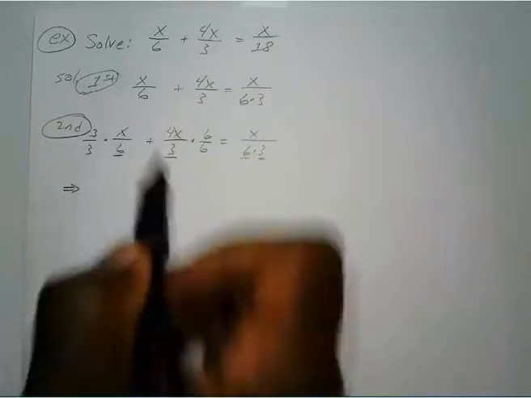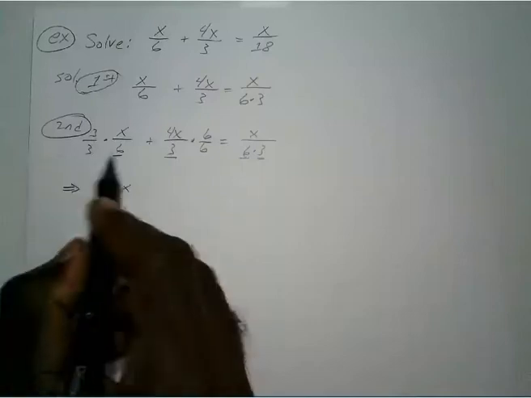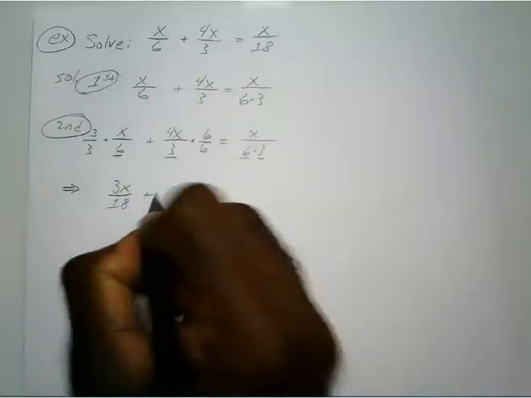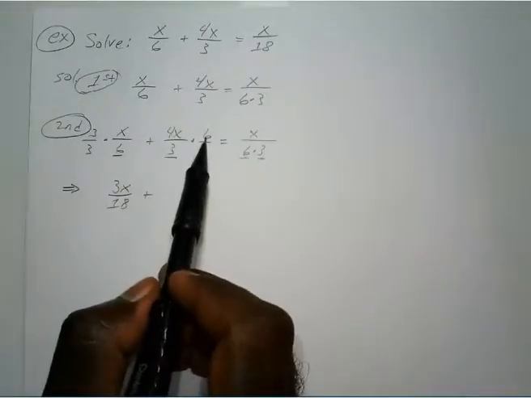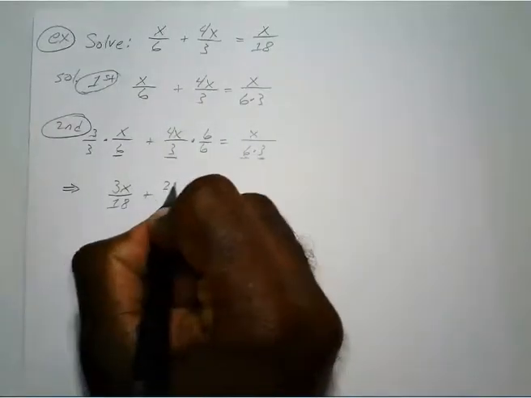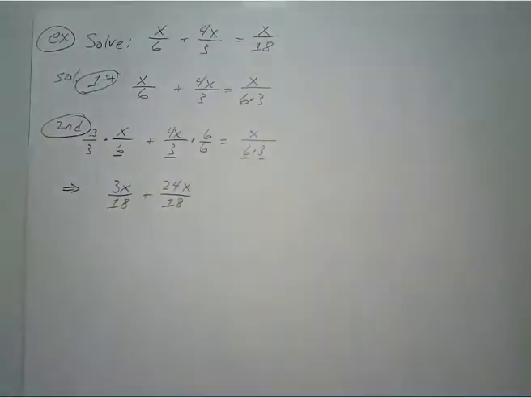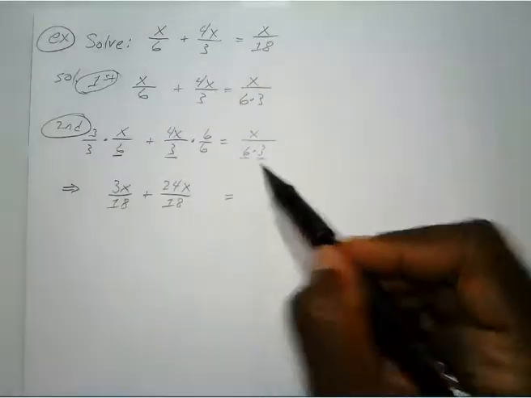So you have 3 times x, which is 3x, over 3 times 6, which is 18, plus 4x times 6 is 24x over 18 equals x over 18.